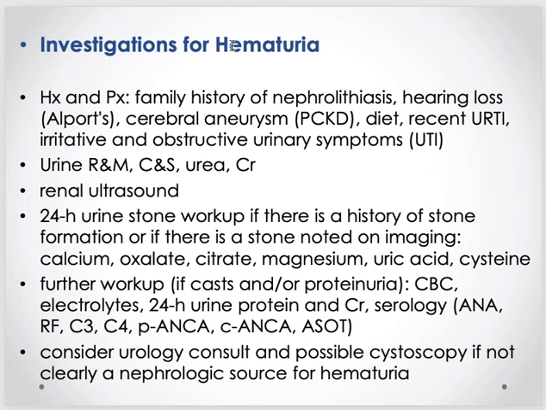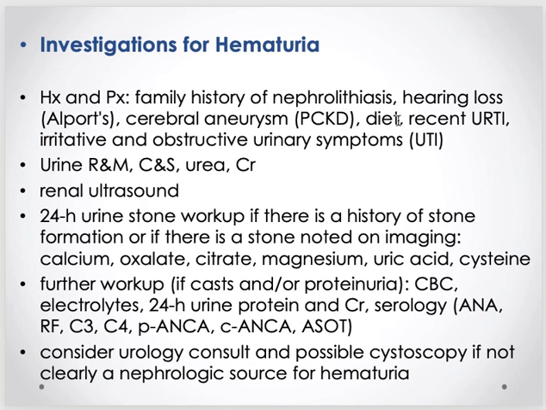Whenever anyone comes with hematuria, first of all, we take the history, okay. In history, we ask about family history of stones, hearing loss in Alport syndrome, and cerebral aneurysms to check for polycystic kidney disease.